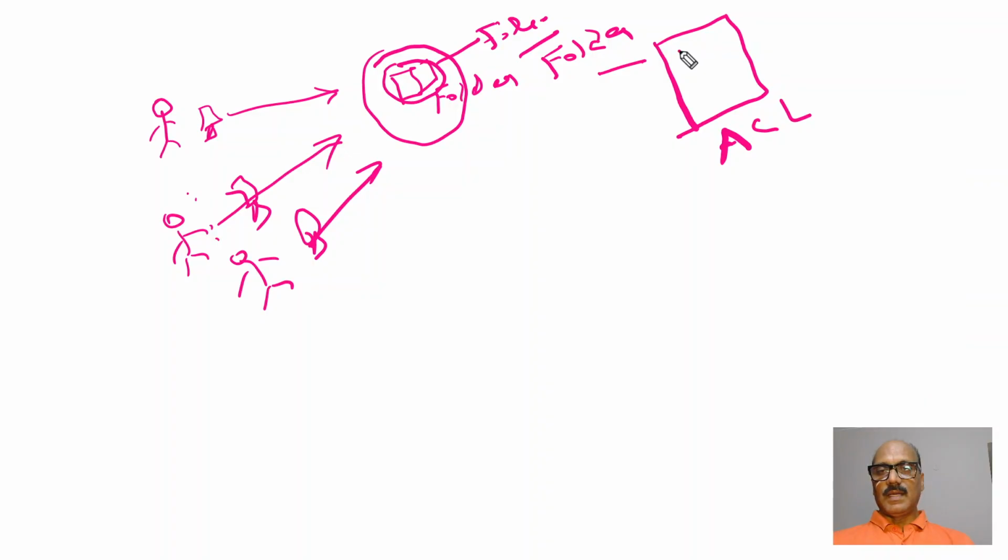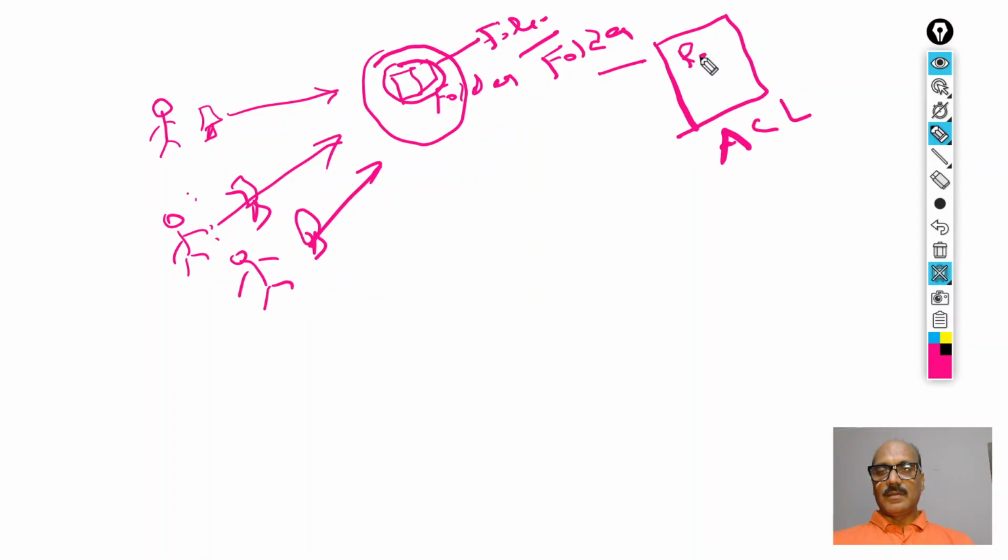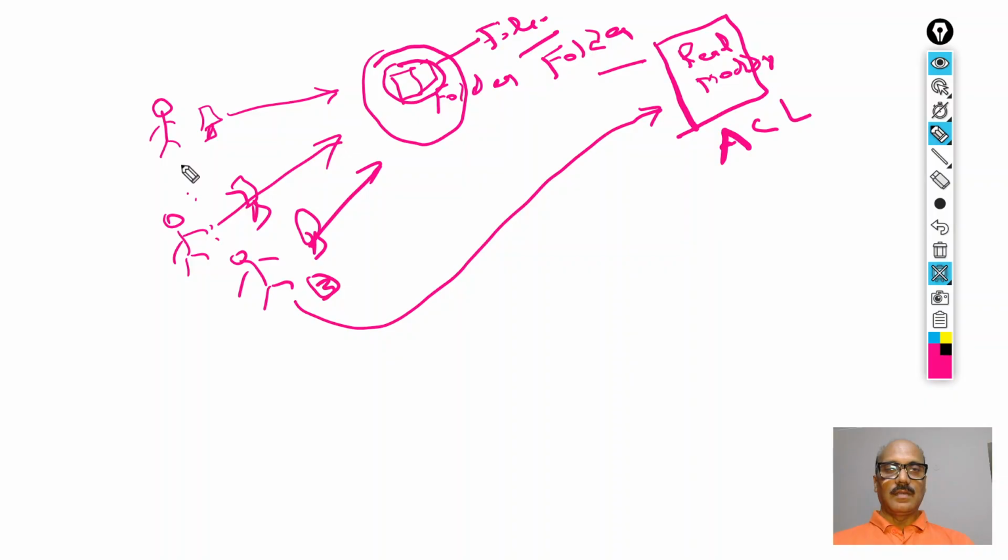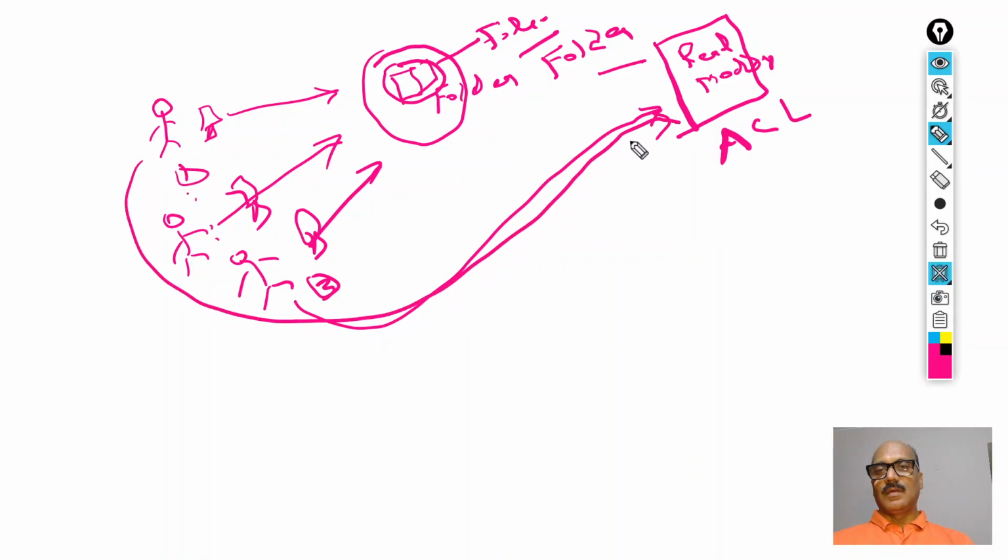So it might have read, modify. And users are, let's say, user 3 and user 1, who are linked to this list.